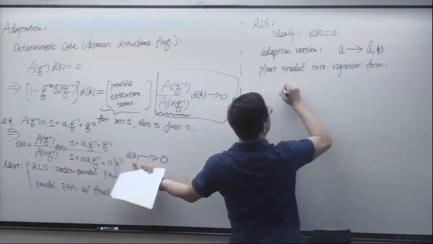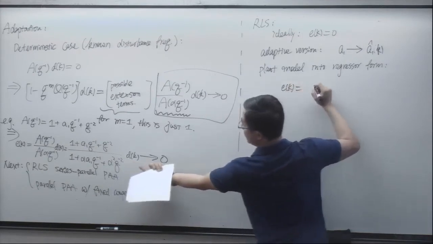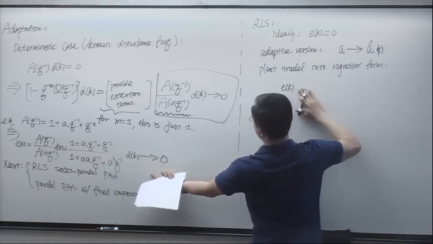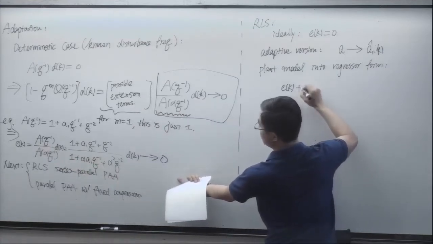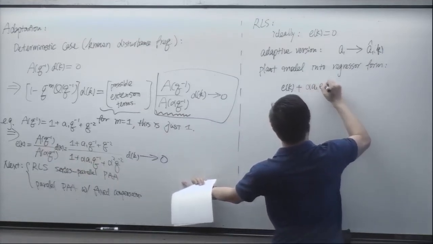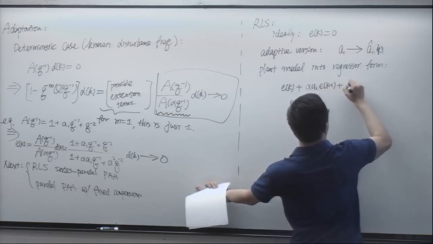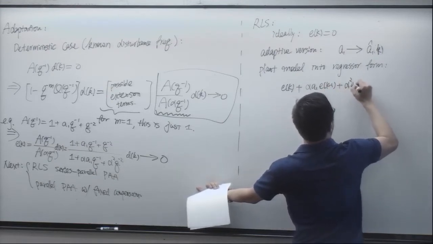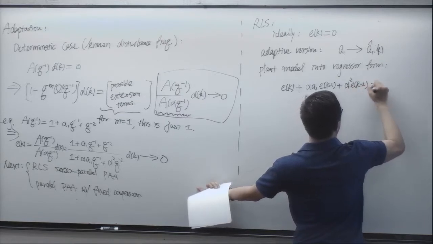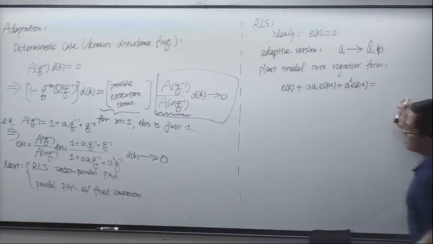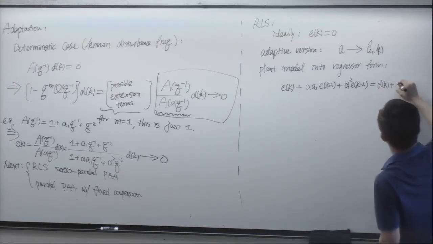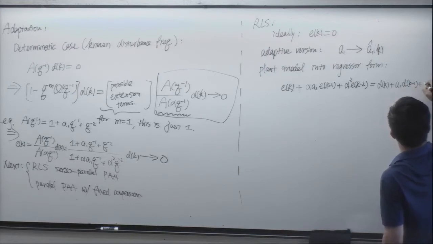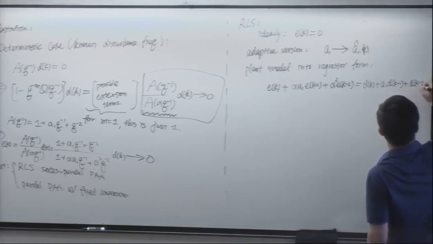So ek is going to be, multiply the denominator to the left. We're going to have ek plus alpha a1 ek minus 1 plus alpha square ek minus 2 equals dk plus a1 dk minus 1 plus dk minus 2.